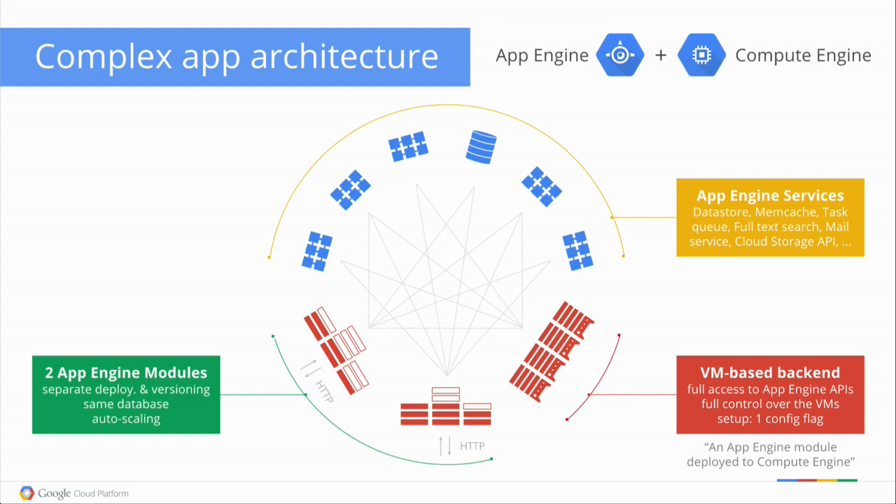So we have 2 App Engine modules servicing web traffic. These are autoscale modules. They have the ability to autoscale to meet user demand. But over here, we also have another module, which is a VM-based backend module, a managed VM module that we built using the infrastructure as a service virtual machines. That gives us full access to the App Engine APIs, but it gives us full control over the virtual machines.